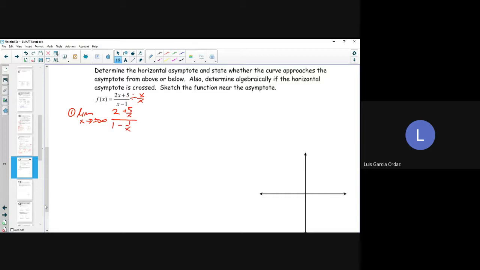So we know that 5 over x and 1 over x, their limits approach 0. So it means I get 2 plus 0 over 1 minus 0, which gives me 2, which means that my horizontal asymptote is that y is equal to 2. So I have y is equal to 2 right here, and this is my horizontal asymptote.